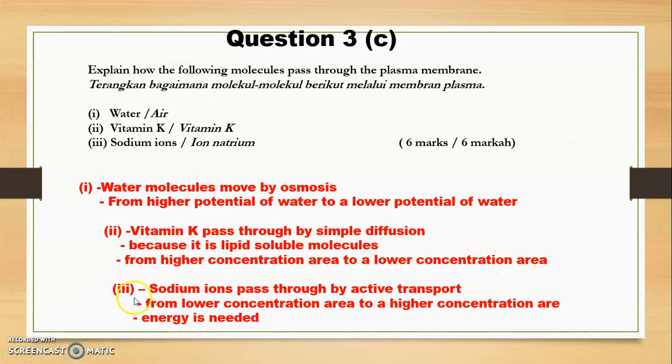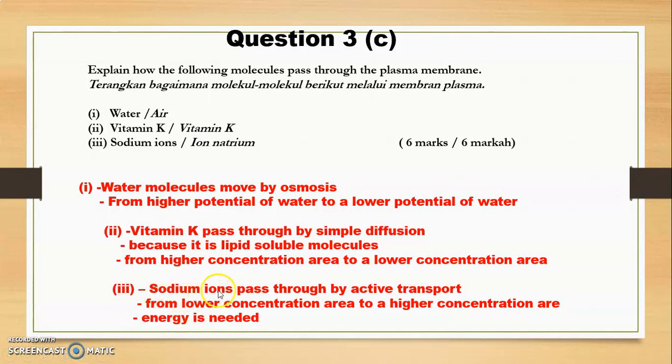We go to the third one, sodium ion. Sodium ions, it is ions. It will pass through by active transport. Sodium ion moves from lower concentration area to a higher concentration area, and energy is needed.